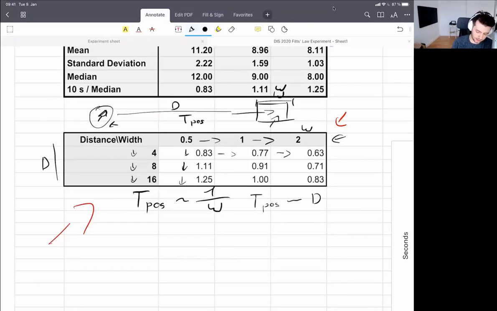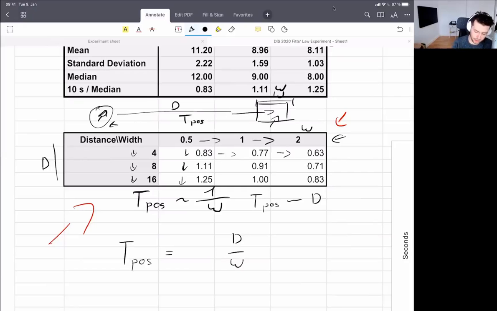There seems to be a relationship between these, so let's start to get to our formula. We already know it's anti-proportional to the width and proportional to the distance, so we have the distance divided by the width.